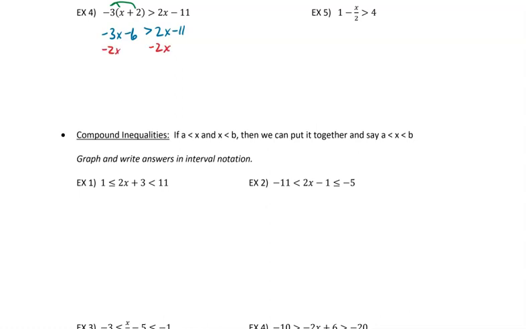So I'm going to subtract 2x from both sides. We'll get negative 5x minus 6 is greater than negative 11. Move the constant over. So add 6 to both sides. Get negative 5x is greater than negative, oops, not negative 6, negative 5.